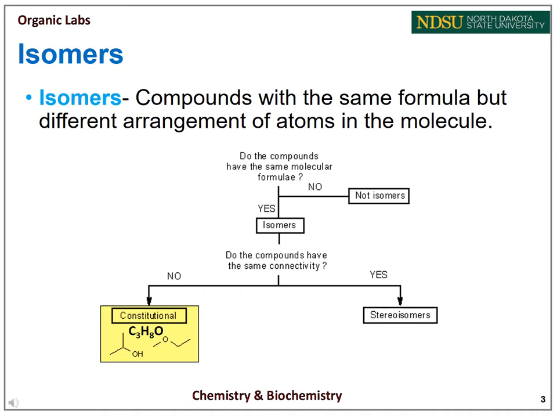Isomers are compounds which have the same formula but contain different arrangement of atoms in the molecule, which can be either constitutional isomers, in which the atoms in the molecule have different connectivity. For example, looking at isopropanol and ethyl methyl ether. Or they can differ in their position in 3-dimensional space, as we saw with those stereocenters example, and they can be stereoisomers.